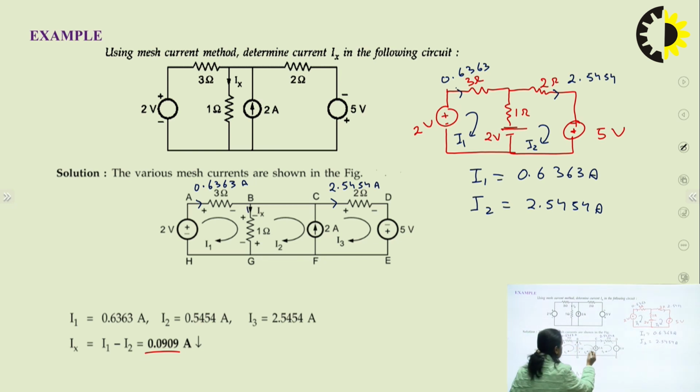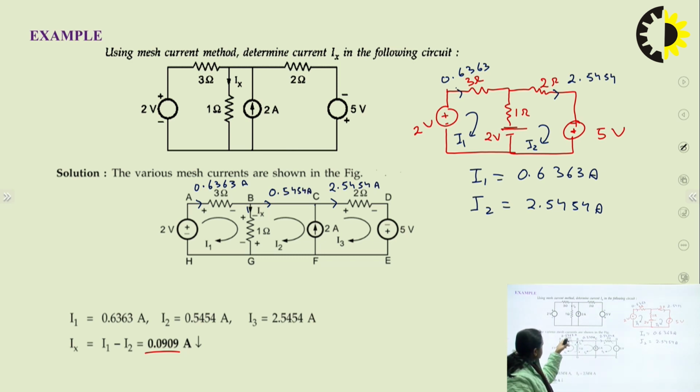Now, what will be the value of current flowing through this Ix? This current 0.6363 is coming in Ix and some current is going in this branch, right? And this current plus this current is coming 2.5454, right? So 2 ampere is coming from here. So what current will be coming from here? You will get 2.5454. Obviously, this will be 0.5454 ampere, right?